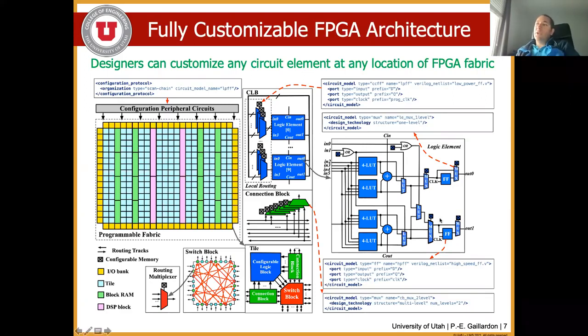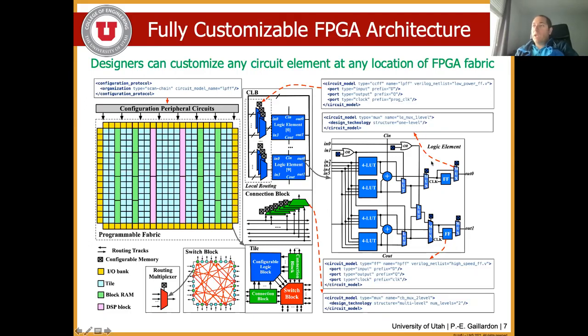So what you can see here is an architecture of an FPGA. So you have the island style architecture with your various blocks, configurable logic blocks, DSPs, block RAMs, and so on and so forth, right? With different levels of representation about what's inside of a given block. What you would note is that what our language allows us to do is to model things at a very low level.